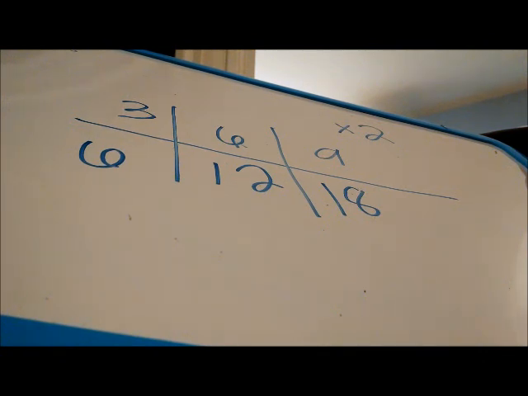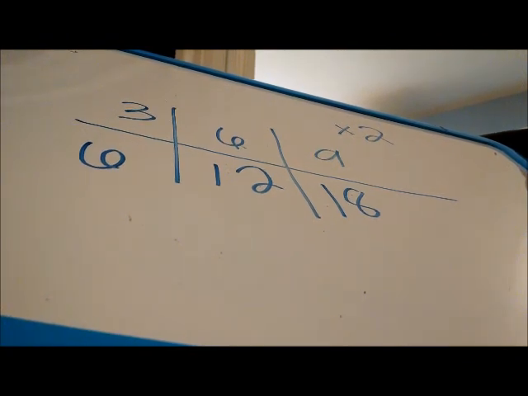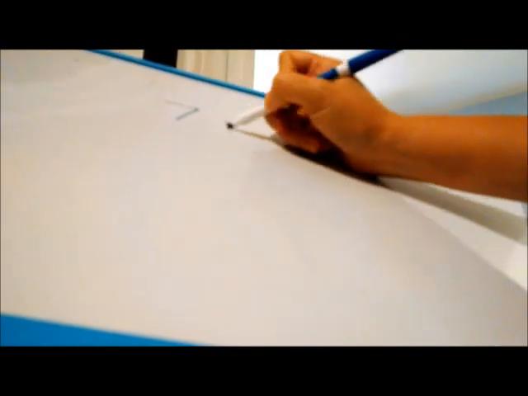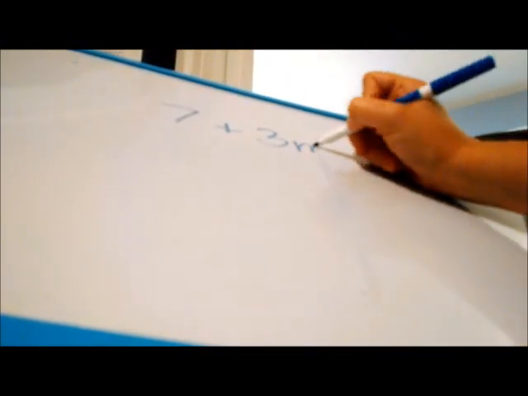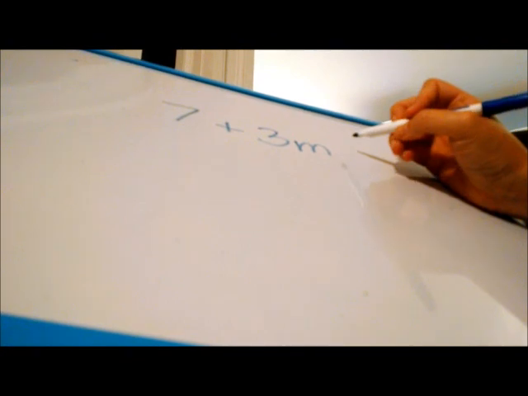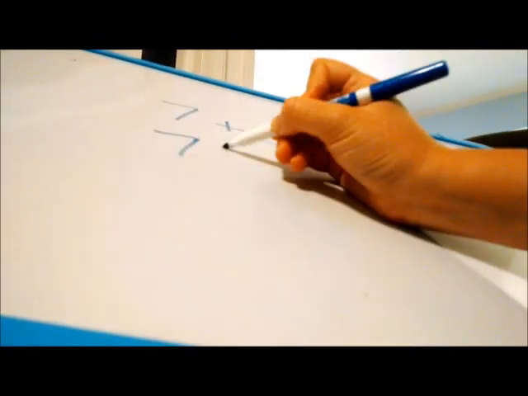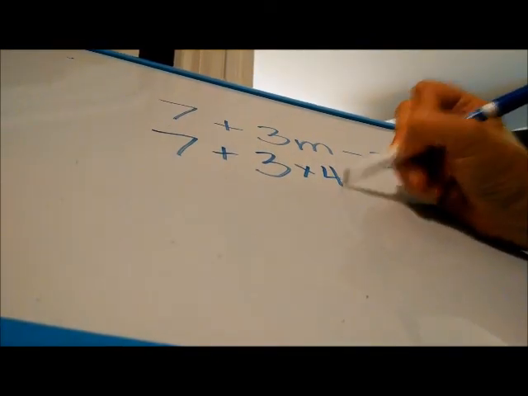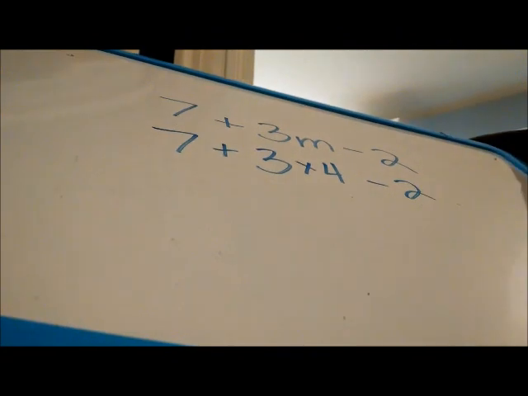All right, 15. What is the value of 7 plus 3m minus 2 when m equals 4? All right, another Dorito. It has a variable, but we can plug in what they're telling us. So 7 plus 3m minus 2 is really 7 plus 3 multiply times 4 minus 2.